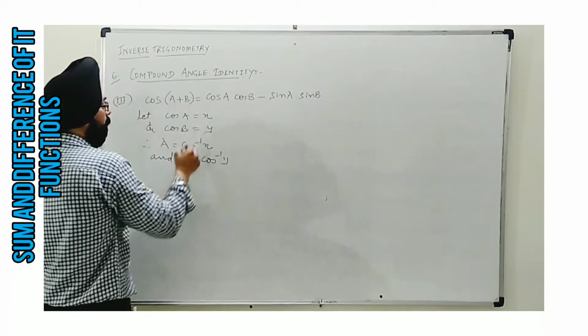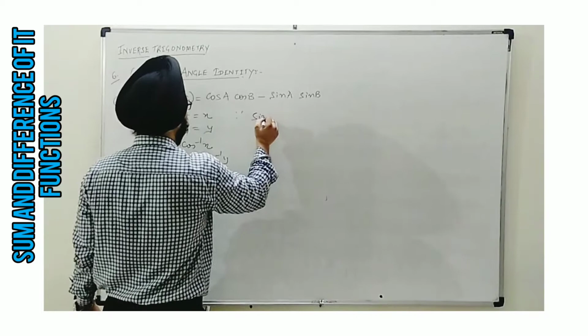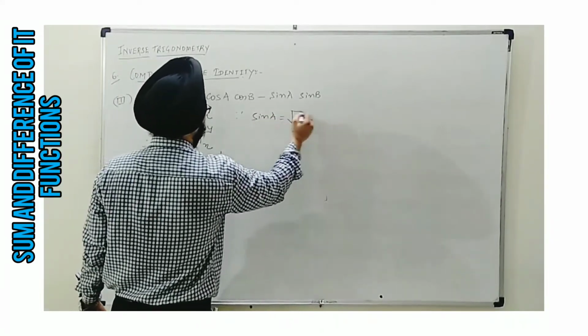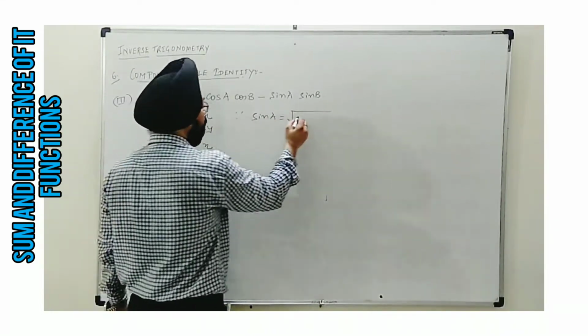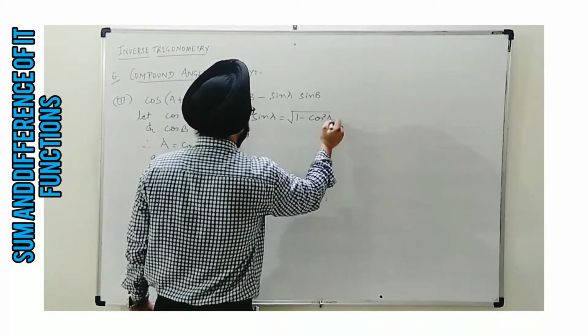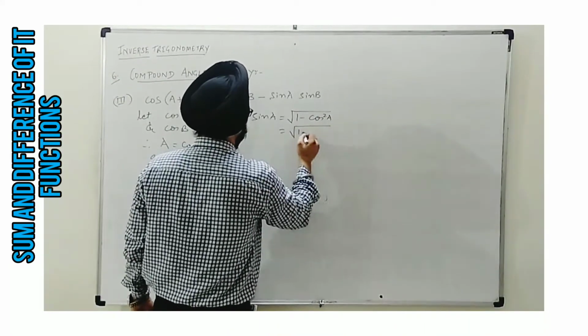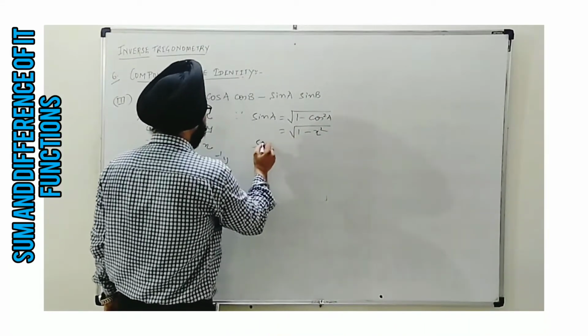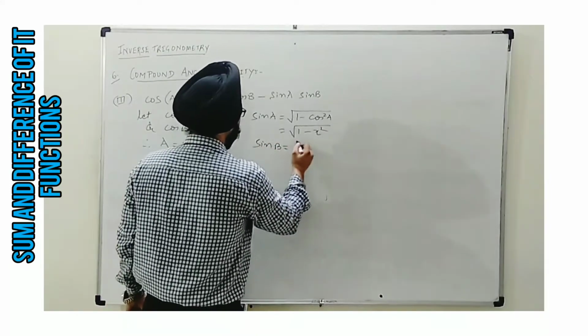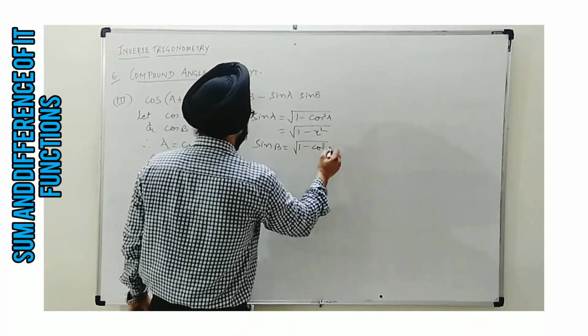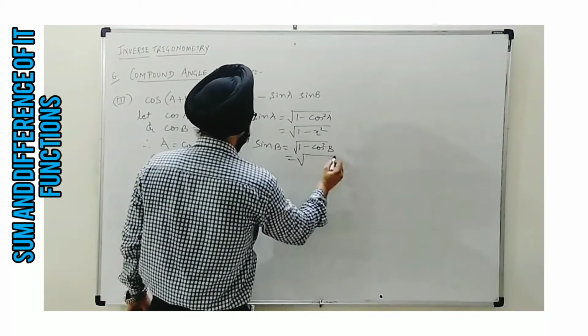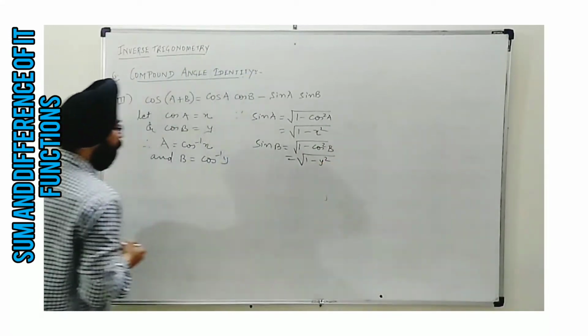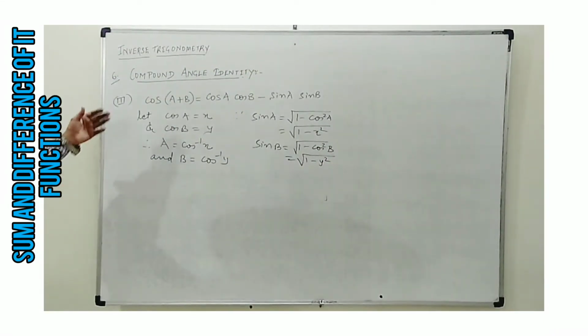Now, just like the previous identity, we can write sin A as under root 1 minus cos square A, so this can be expressed as under root 1 minus x square, and sin B as under root 1 minus cos square B. That's why this becomes under root 1 minus y square. Now these values we have to put in the identity.